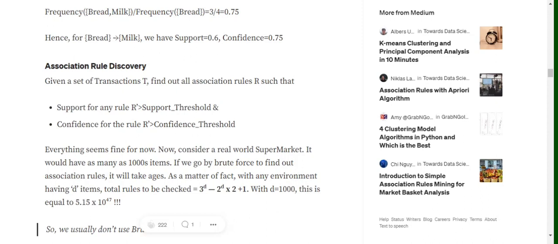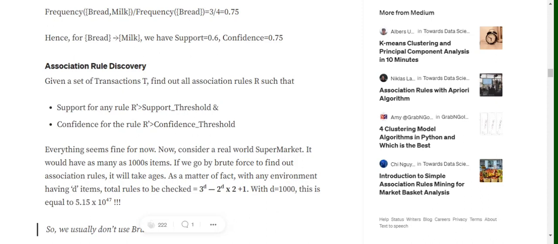Now, association rule discovery: we have calculated support and confidence, and we will understand how we can use them to form an association rule. Support for any rule R should be greater than the support threshold, and confidence for any rule should be greater than the confidence threshold. So we would be setting up two major thresholds: a support threshold and a confidence threshold.